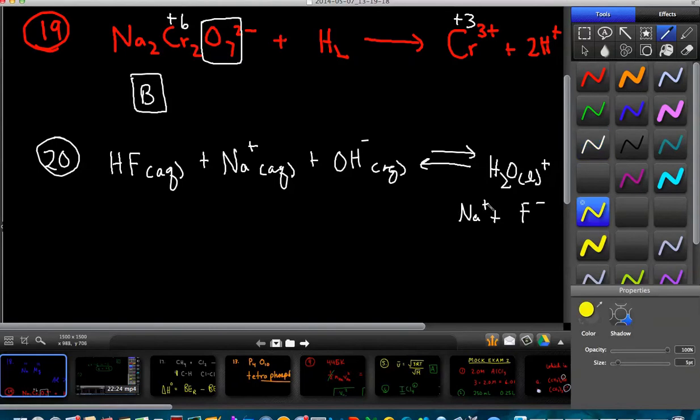Well, these spectator ions, the sodium ions, will cancel, and we're left with the net ionic equation of the weak acid plus OH minus yields H2O plus F minus. This is best summed up in answer choice B.